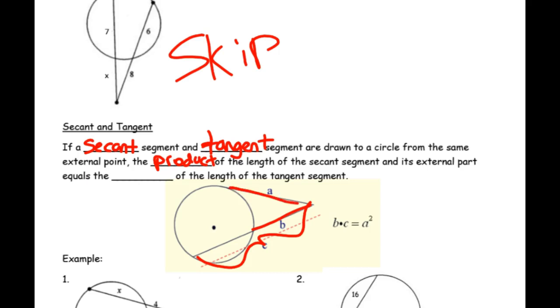So the A has nothing else to multiply with besides itself. So notice how it's A what? Squared. So it's the square of the length of the tangent segment, okay? So outside times the whole thing equals the tangent side squared.